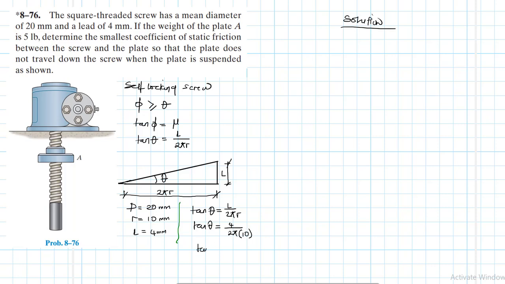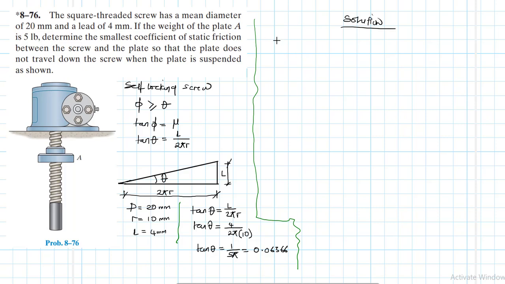Therefore tan theta will be equal to 1 divided by 5 pi, which eventually is equal to 0.06366. So we found what tan theta is.